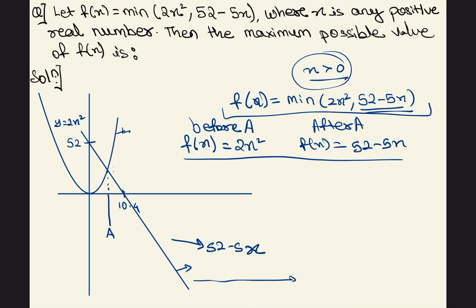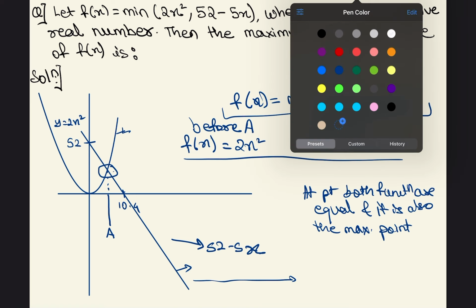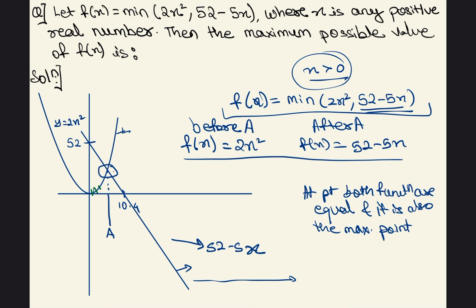But at point A, both functions are equal, and it is also the maximum possible point for both functions. This is the value before this point and this is the value after this point.